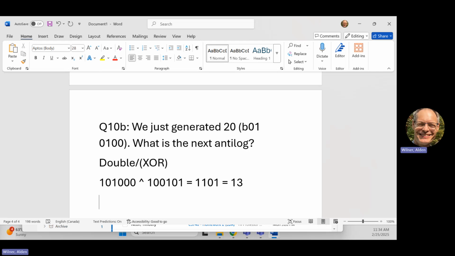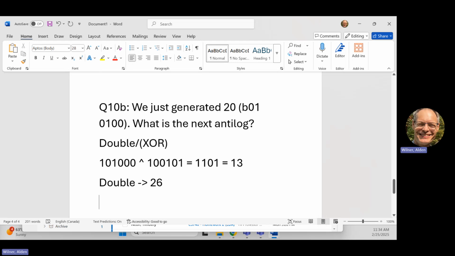After 13, we double 13 and we get 26. Is that outside the range? Nope, it's not. We're fine. We double 26, 52. We go ahead and take that.